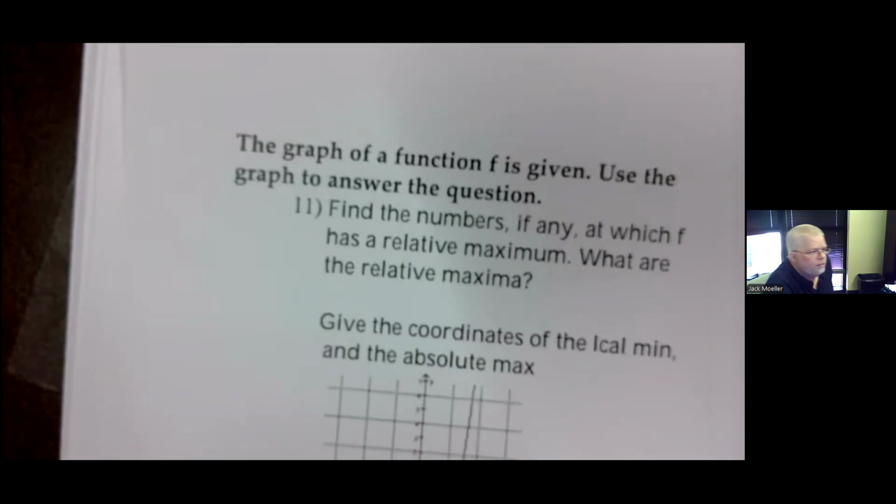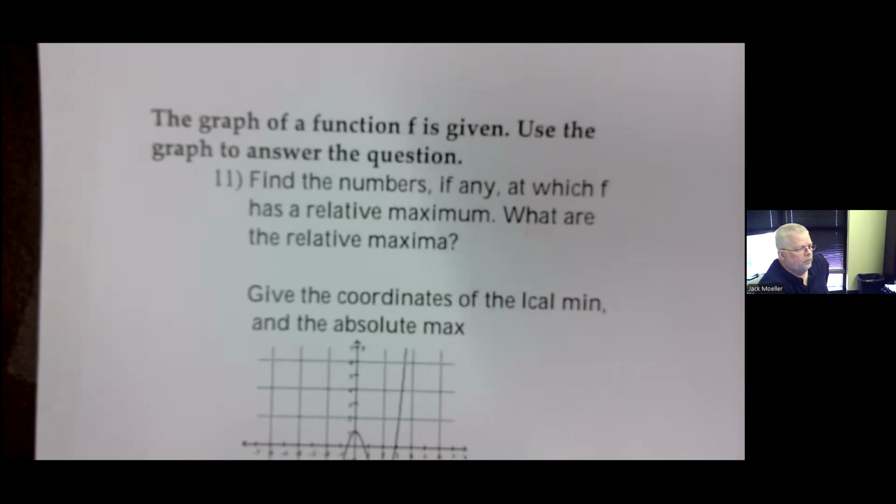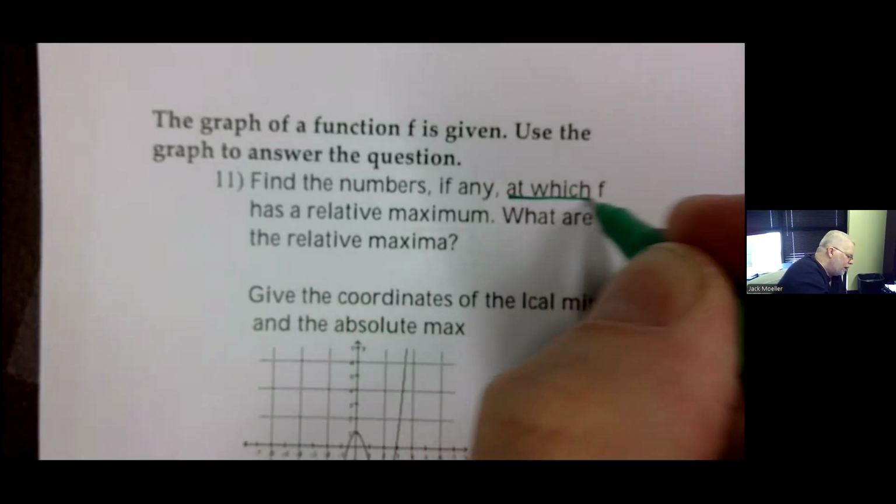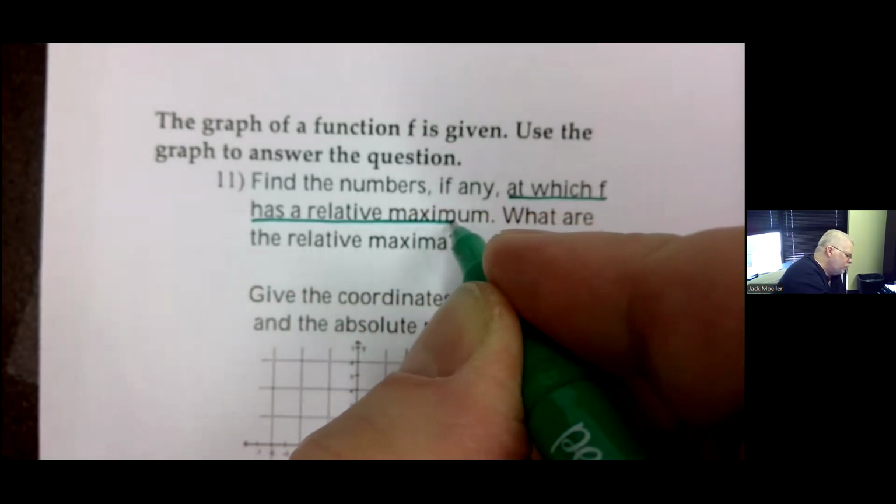All right, so for number 11, first of all, let's slow down, read the problem, make sure we know what we're looking for. Find the numbers, if any, at which f has a relative minimum, and then what are the relative. So this is actually asking two questions. It says at which it has a relative maximum.